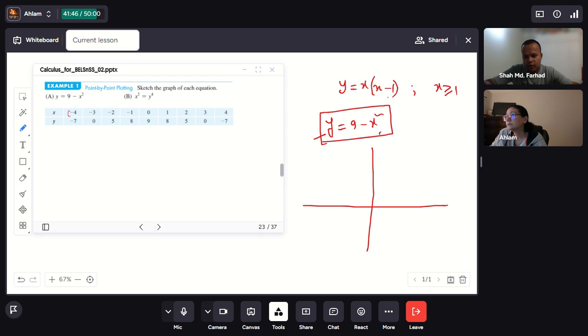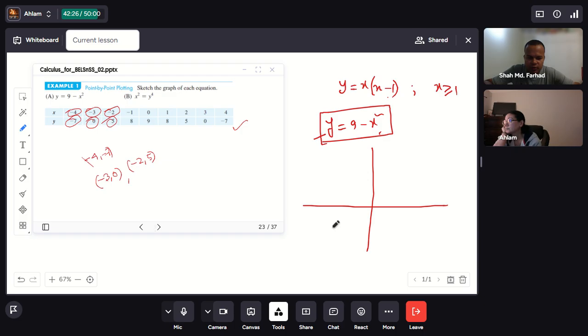For x equals -4, we have y equals -7. Then for -3, we have y equals 0. Then for x equals -2, we have y equals 5, just like this. Then put the points here: -4, -7. These are the points. And then -3 and y is 0. And then for -2, y is 5. So just put these points on the graph paper and join them.